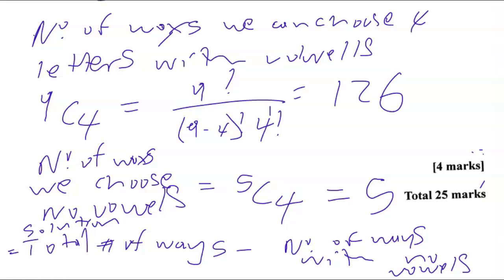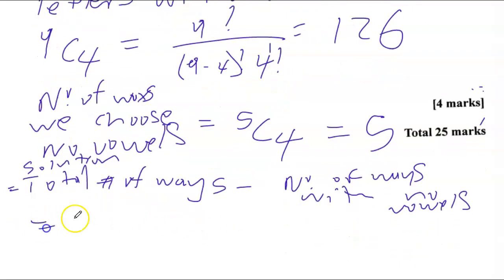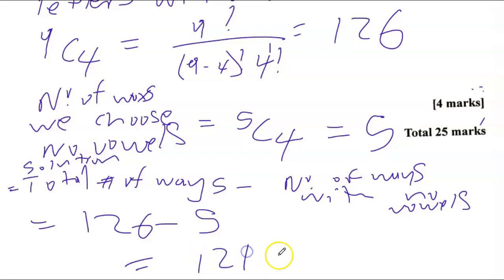The total number of ways was 9 choose 4, since isosceles has 9 elements and we're choosing 4, and that came to 126. The number of ways to get absolutely no vowel, we choose from these 5 consonants in the word. That's 5 choose 4, that's 5, so the answer would be 121 ways.